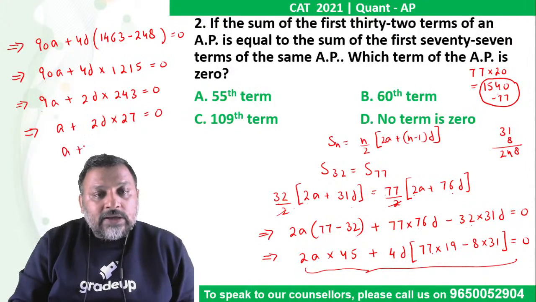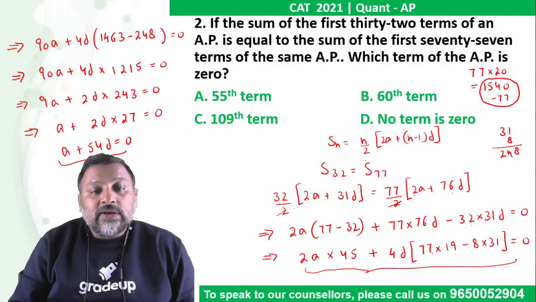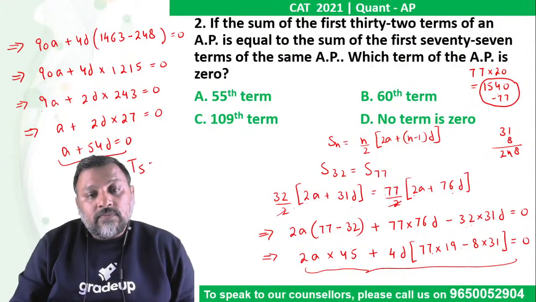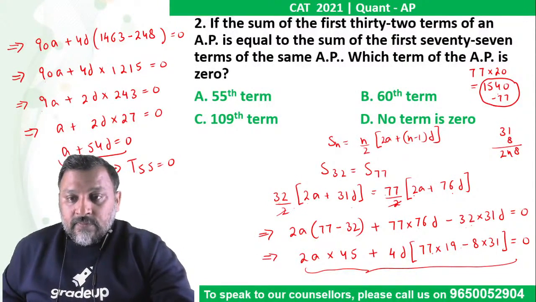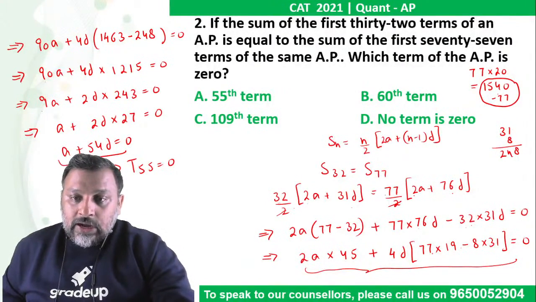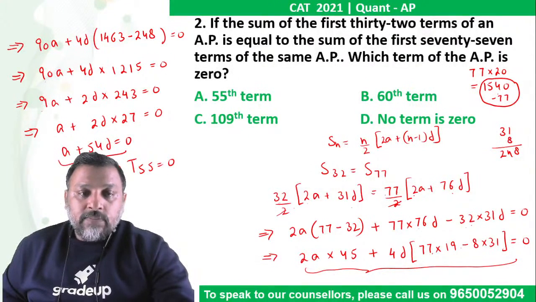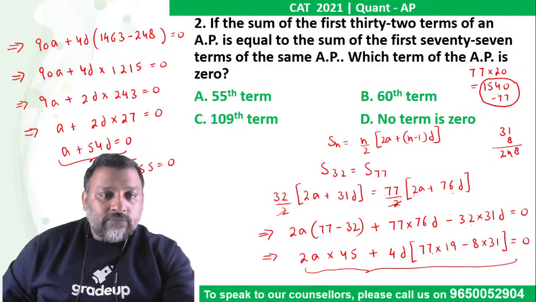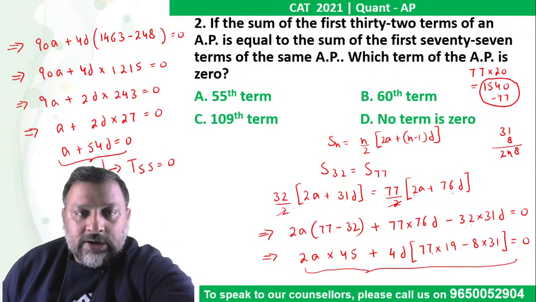So a plus 54d has come. And which term is this? This is nothing but the 55th term. This is your 55th term. Okay, so Siddharth and Rohit have got this correct. Okay, a plus 54d is the 55th term. I hope it is clear, guys.